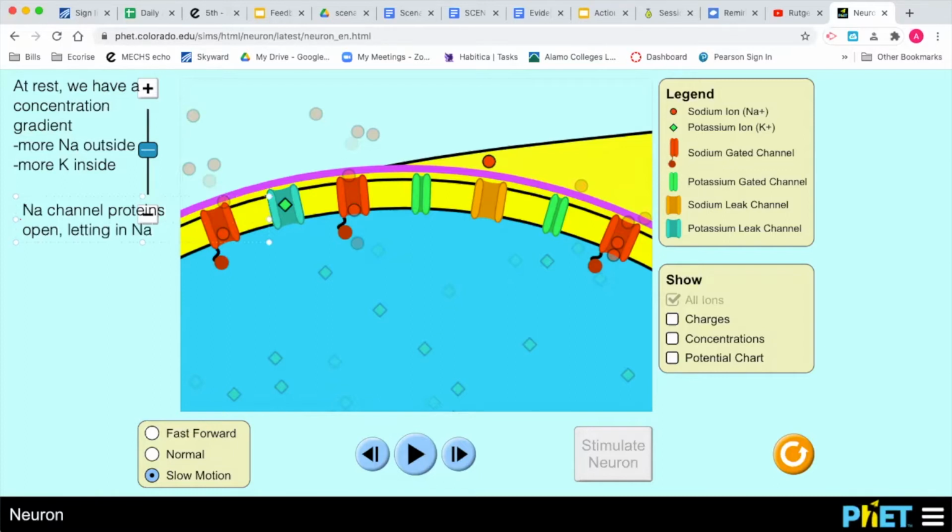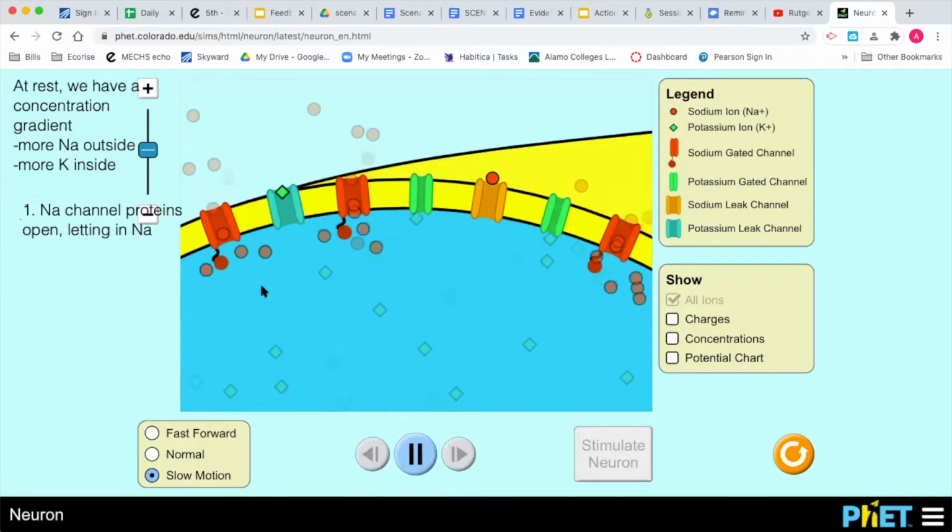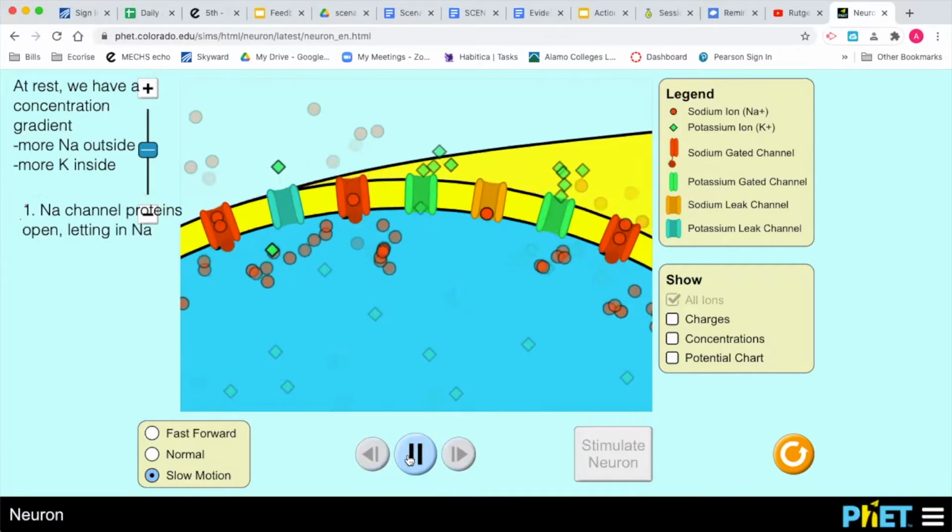All right, put my little one right here so we know. Okay, so sodium opens first, and then sodium is going to start coming in.